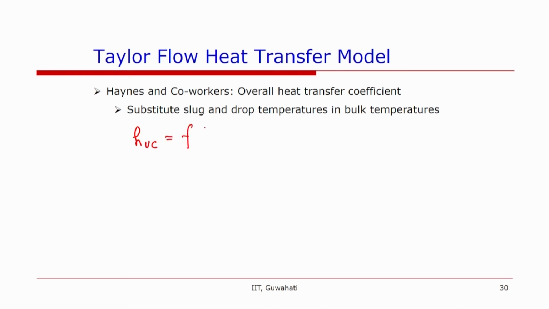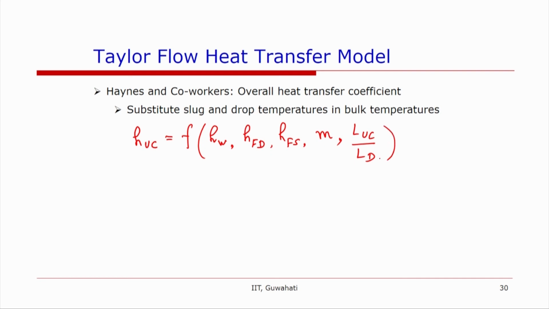So, if you look at now, what we need is that the overall heat transfer coefficient is a function of 3 heat transfer coefficients, H wall or the film heat transfer coefficient, H film to droplet, H film to slug, and m, which is the ratio of the thermal mass, and L_UC over L_D and L_UC over L_S.